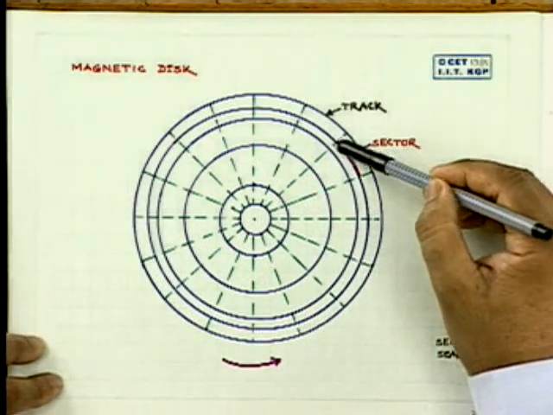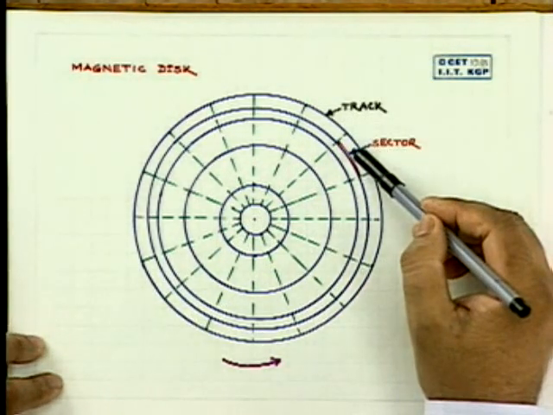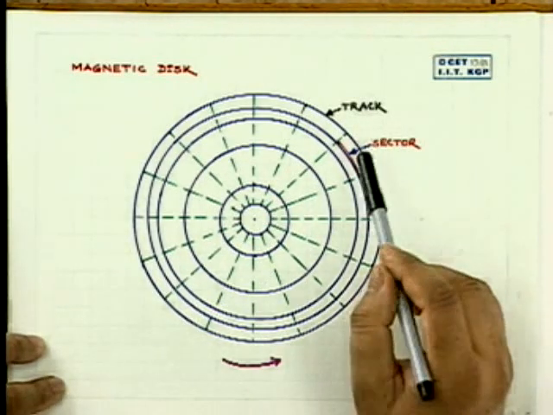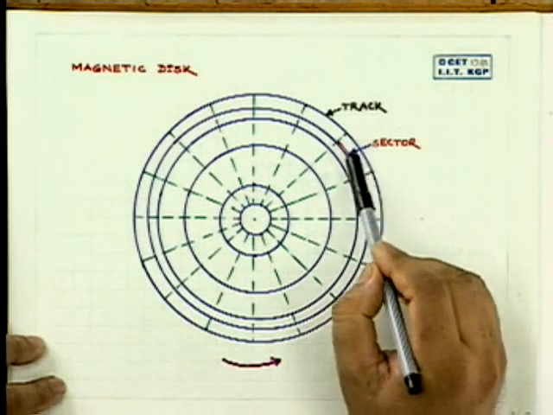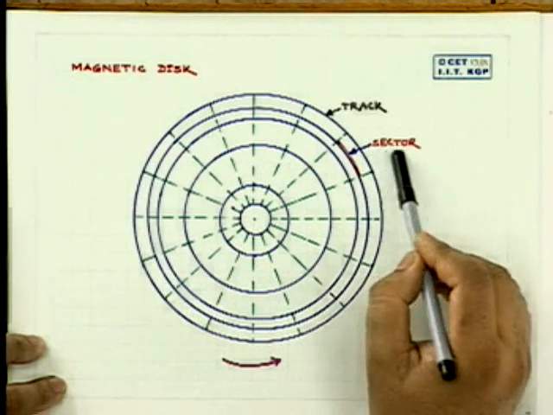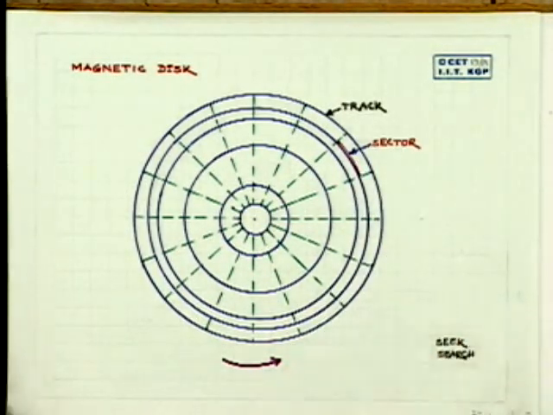For example, this is a sector. The minimum amount of information that can be read from or written into is a sector. The sector is generally half a kilobyte in size, that means of the order of 512 bytes.